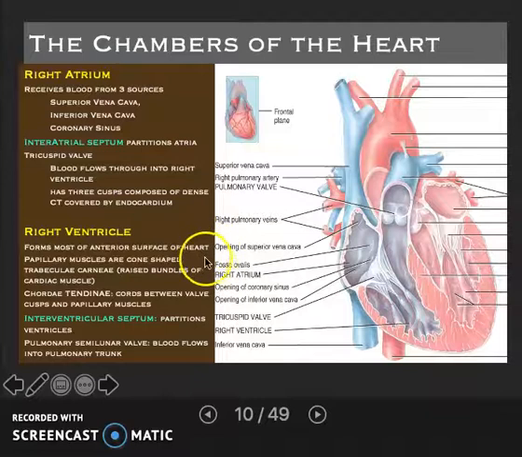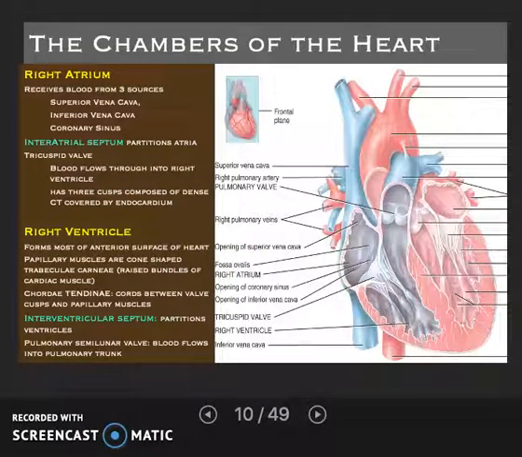And that's because it's got three little cusps, and you're going to see them exactly in gory detail in a few minutes here. And the valves are made up of dense connective tissue, and they're covered by endocardium, and they're prone to disease and wear and tear.